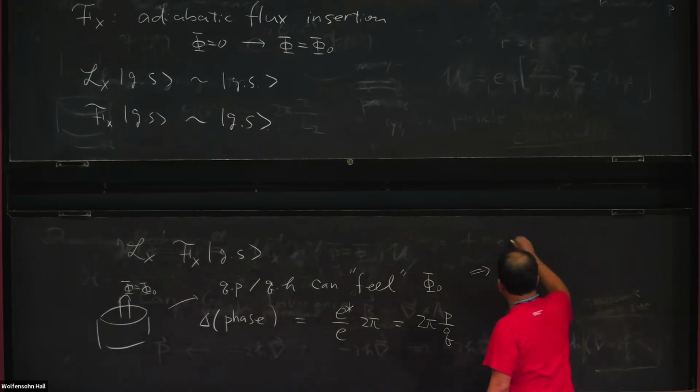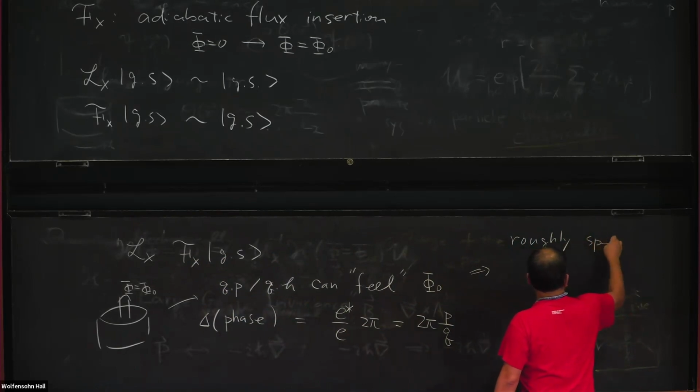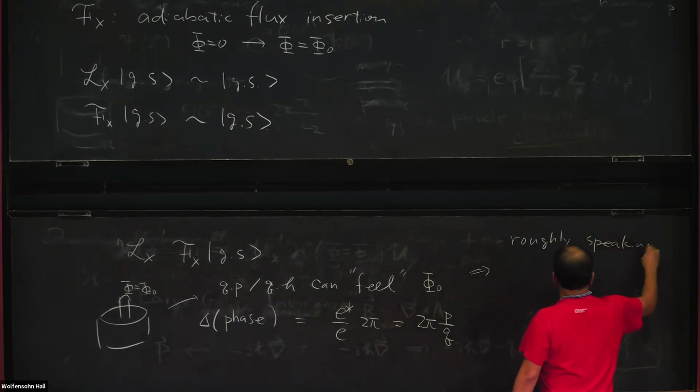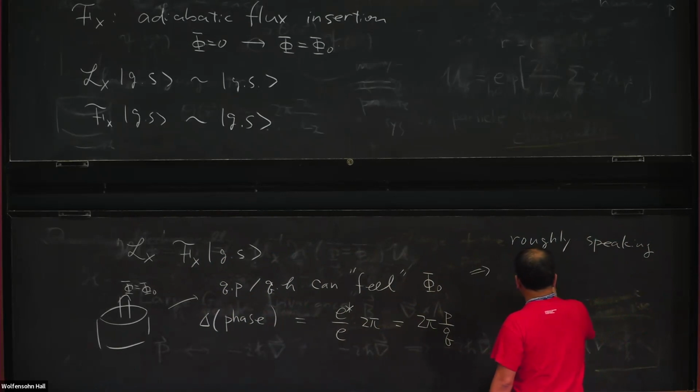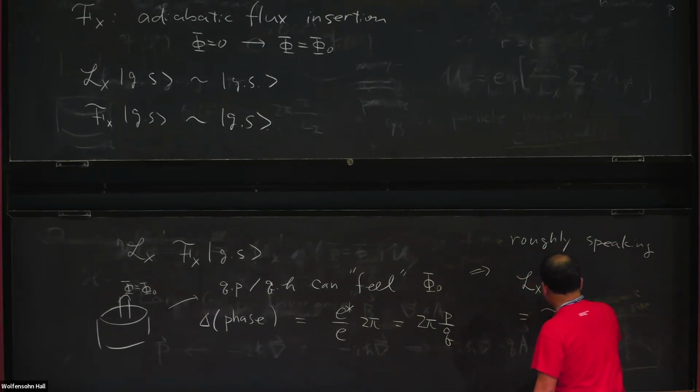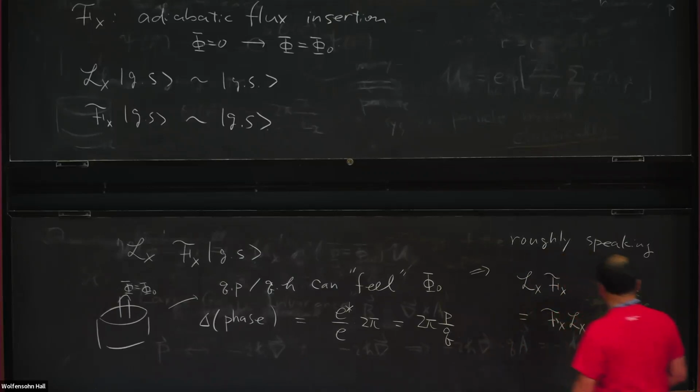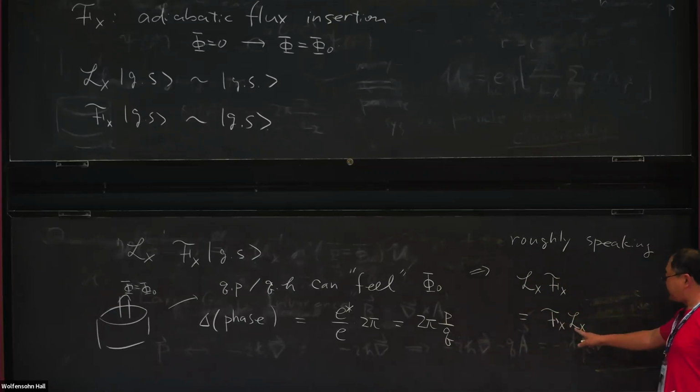So this means that roughly speaking, if you apply Lx after Fx, this produces a different phase from applying first Lx and then Fx, because if you do this, then you move the quasi-particle with zero background.